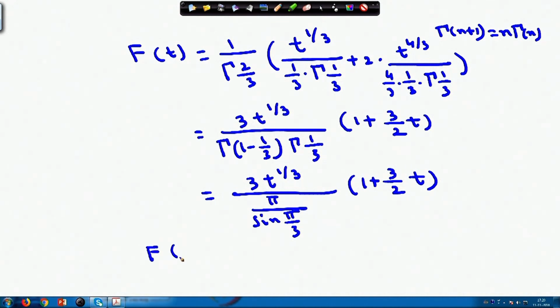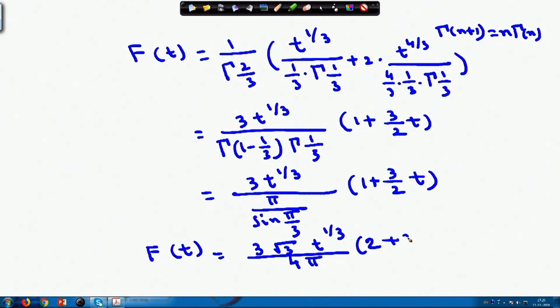So, ultimately you can write f(t) equals 3 root 3 into t to the power 1/3 by 4 pi, after substituting the value of sin pi by 3, into 2 plus 3t.